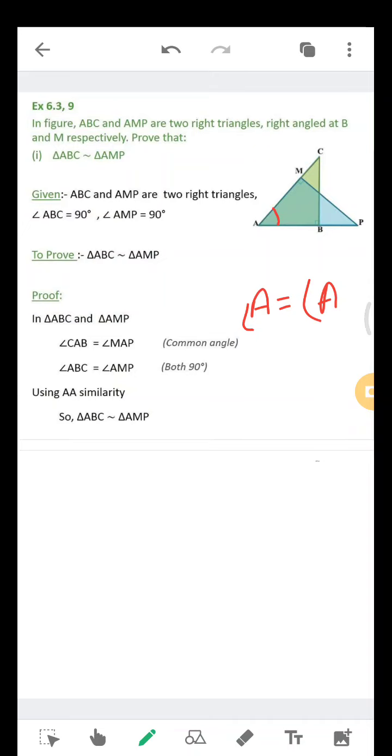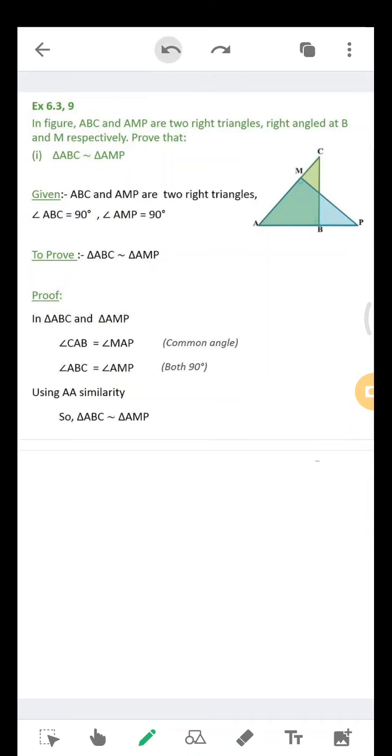So this is common. Next, which is the right angle in both the triangles? I said just now, ABC and AMP. Angle ABC is equal to angle AMP because both are 90 degrees. So using AA similarity we say triangle ABC is similar to AMP.